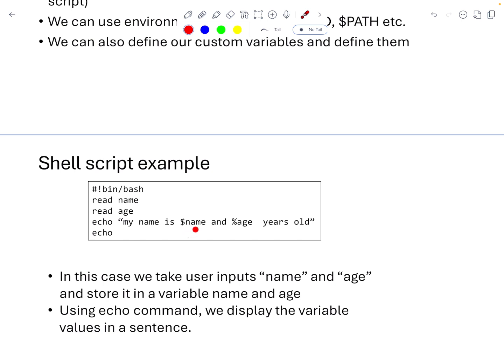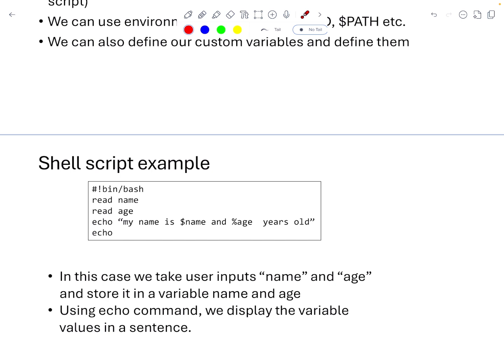In this example, I'm writing a simple shell script. It starts with the shebang, like in bash, and then read is an inbuilt function. What it does is read the user input and store whatever value the user gives in this variable.